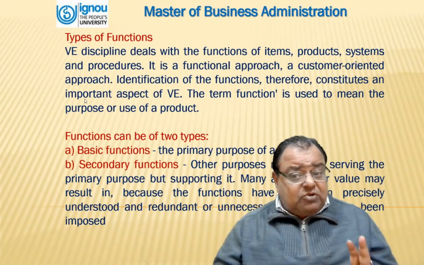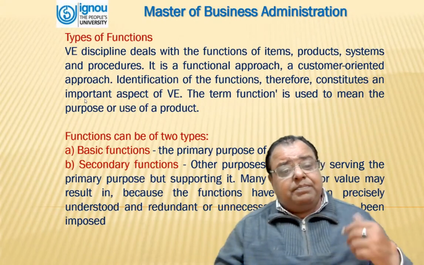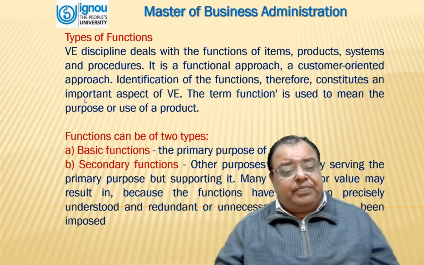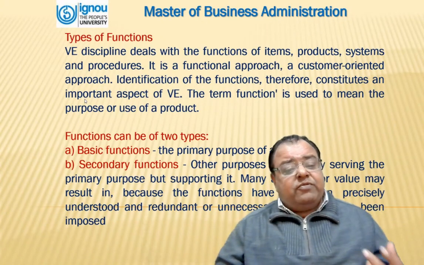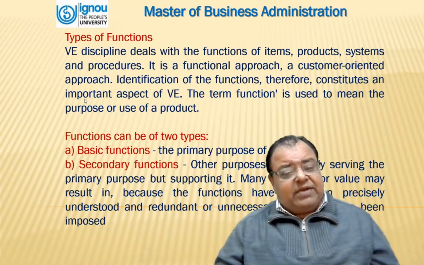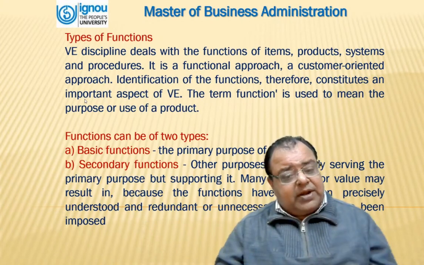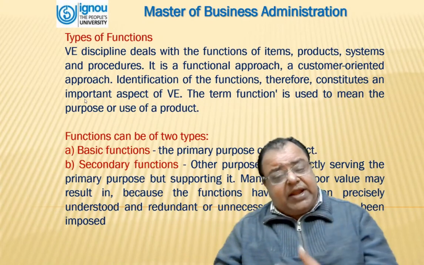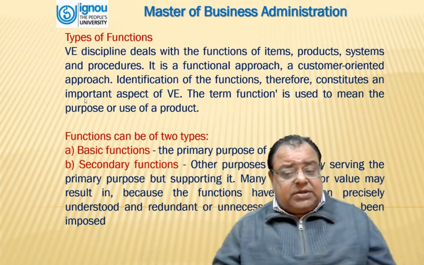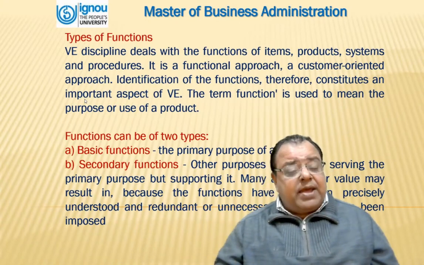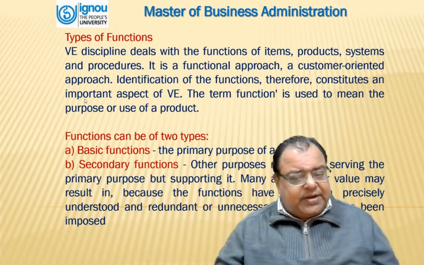The term function is to be used to mean the purpose or use of the product. Functions can be of two types, basic function or secondary function. The basic function is the primary purpose of the product. Secondary function covers other purposes not directly serving the primary purpose but supporting it.